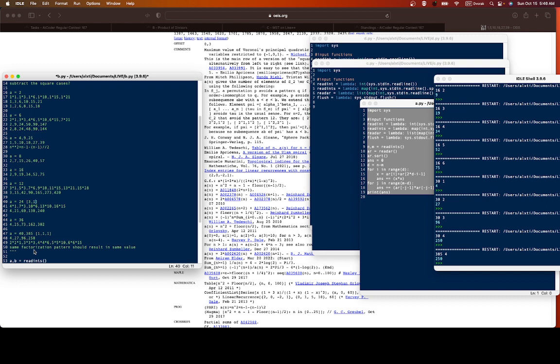A 3-1 case. Two one. This is 2. This is a 1 case. Two cubed times.